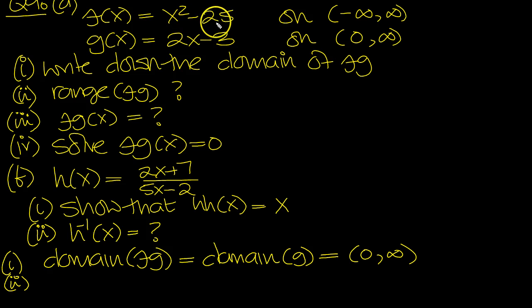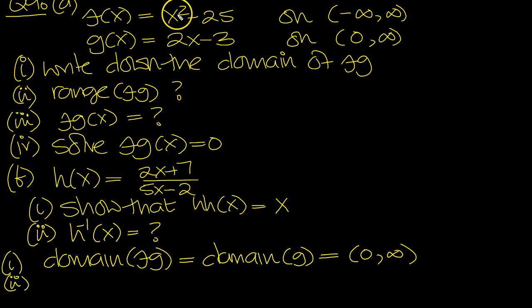Although this is x squared minus 25, if g varies from 0 to infinity, then 2 times 0 minus 3 gives minus 3 to infinity, isn't it? And from minus 3 to infinity, if we look here, minus 3 will go through 0.